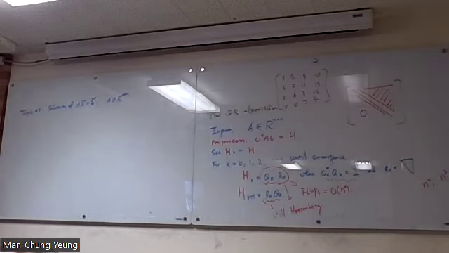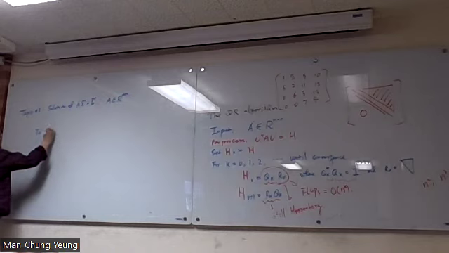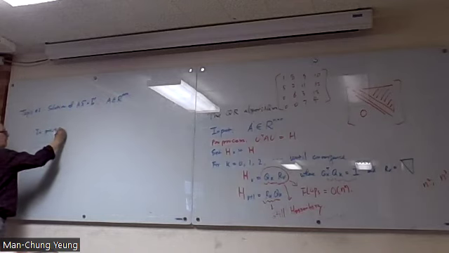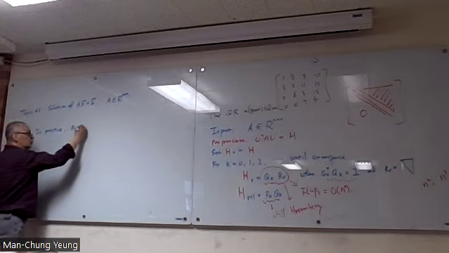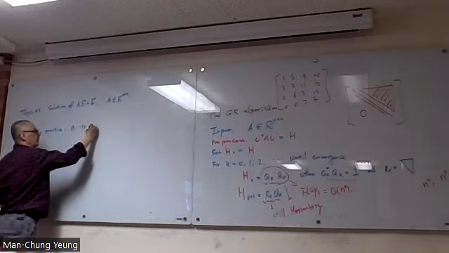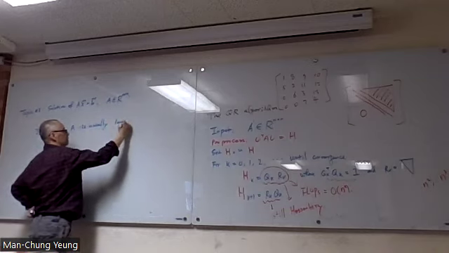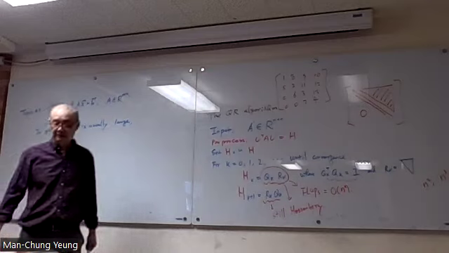Here, in practice, A is usually large. How large? Billion.